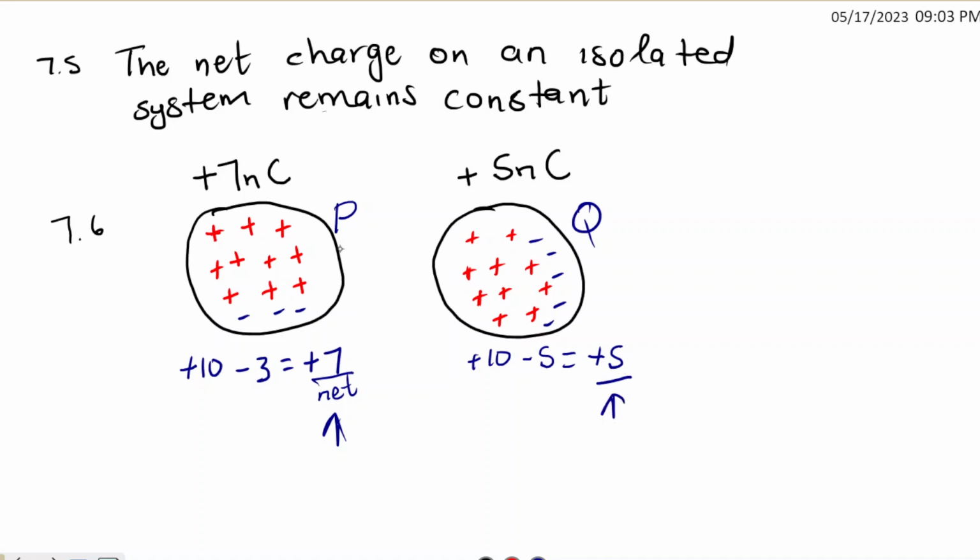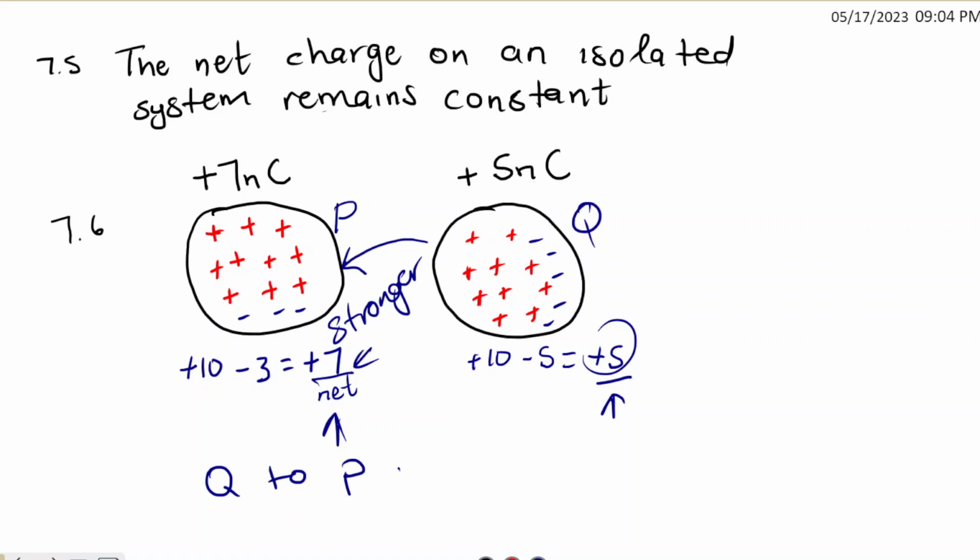So that means charge P is still stronger than charge Q. It has more positive charge than Q. So the one that is stronger, P, will be able to pull whatever electrons were on Q, because P has more positive charges remaining than Q. So electrons are going to move from Q to P. That's the answer for 7.6.